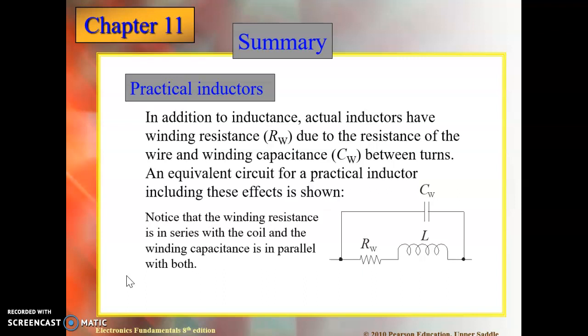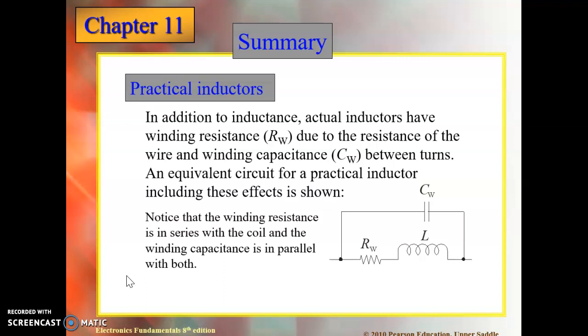An inductor has a resistance from the wires. An inductor has a capacitance between each turn, using air as the dielectric. So air dielectric is 1, so it would be just whatever the material of the wire is divided by the distance between the two turns that you are making.